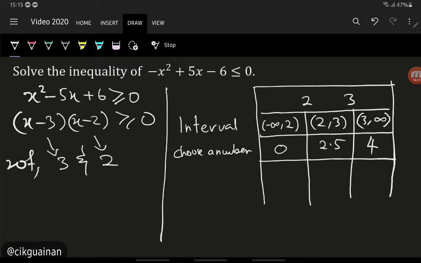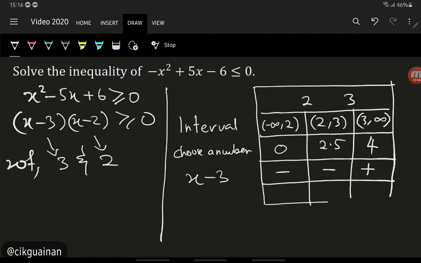We write the first factor, x minus 3, and then we substitute the numbers to get the sign, not the value, just whether it's negative or positive. So 0 minus 3 is minus 3, a negative number. 2.5 minus 3 is minus 0.5, so it's a negative number. 4 minus 3 is 1, a positive number.